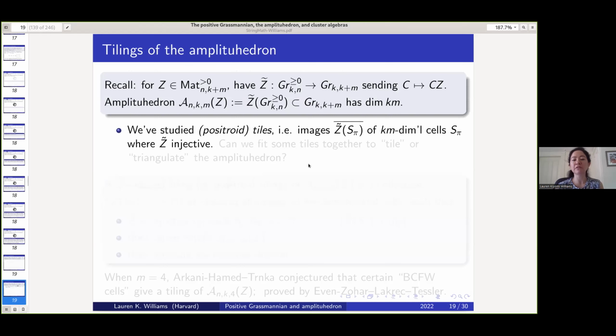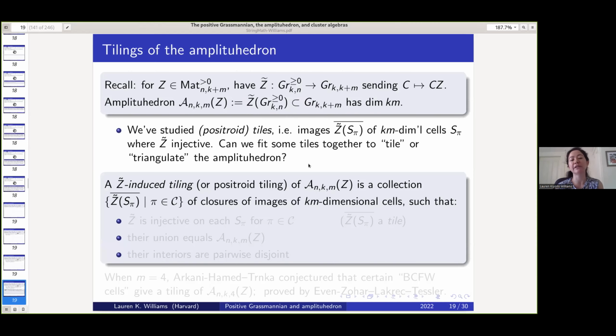Okay, so I've told you about positroid tiles for the amplituhedron, these images of km-dimensional cells where Z tilde is injective. But now we want to know, can we fit tiles together in a non-overlapping way to tile or triangulate the amplituhedron? Let me make that definition a little more precise.